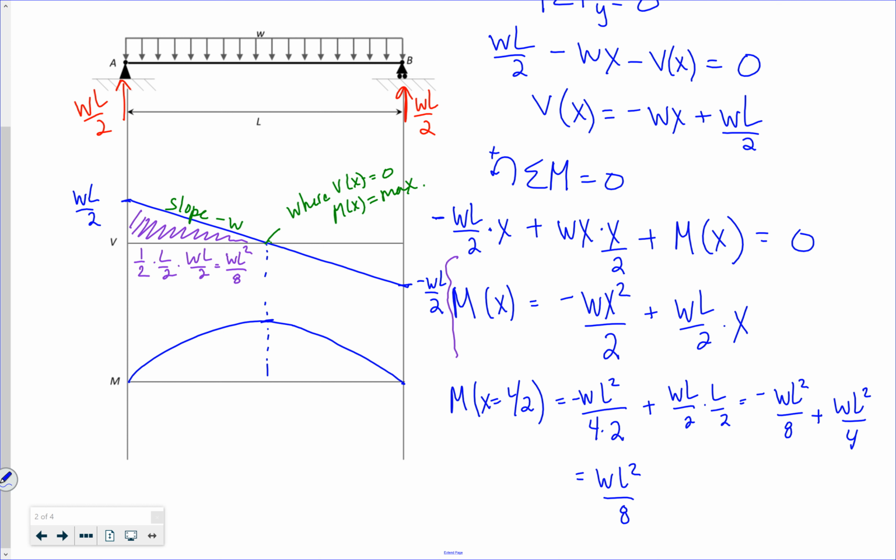That's the value of my maximum, at L over 2. That's where my shear is equal to 0, L over 2. It's your maximum moment, right?